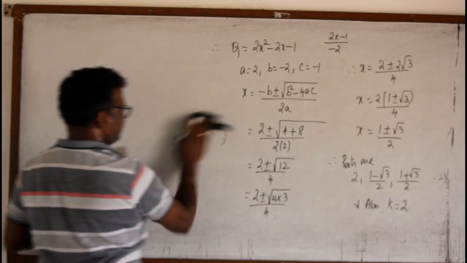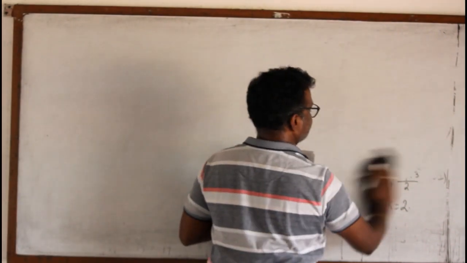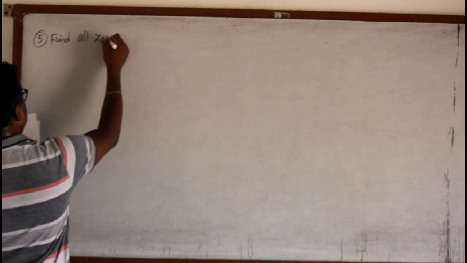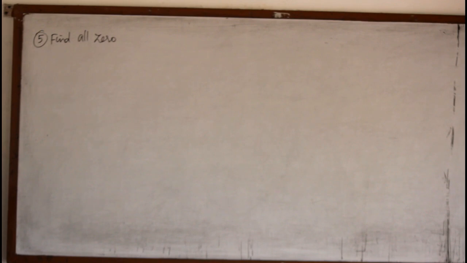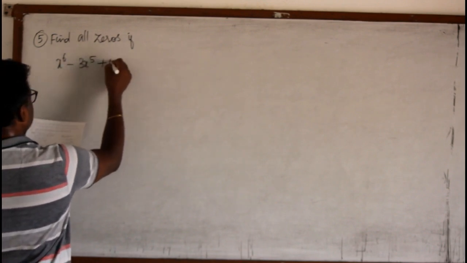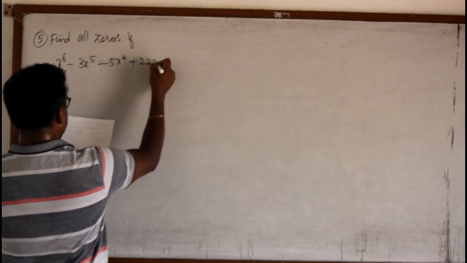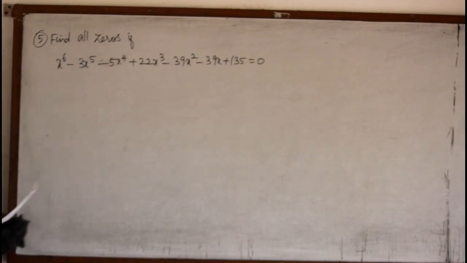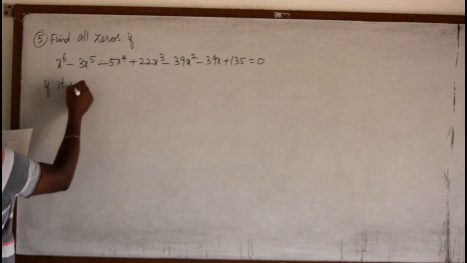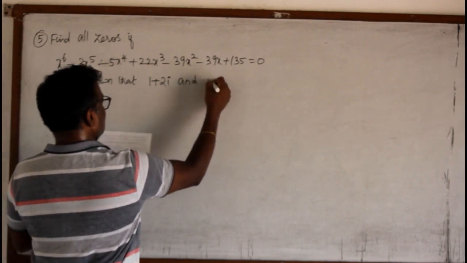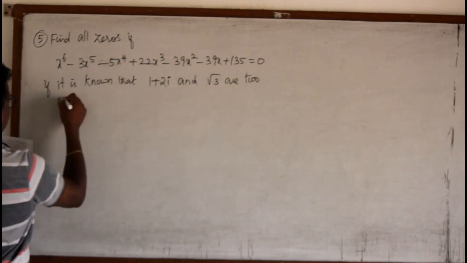Now we shall go for problem number 5. Find all zeros if x power 6 minus 3x power 5 plus minus 5x power 4 plus 22x cubed minus 39x square minus 39x plus 135 equal to 0, if it is known that 1 plus 2i and root 3 are 2 of its zeros.